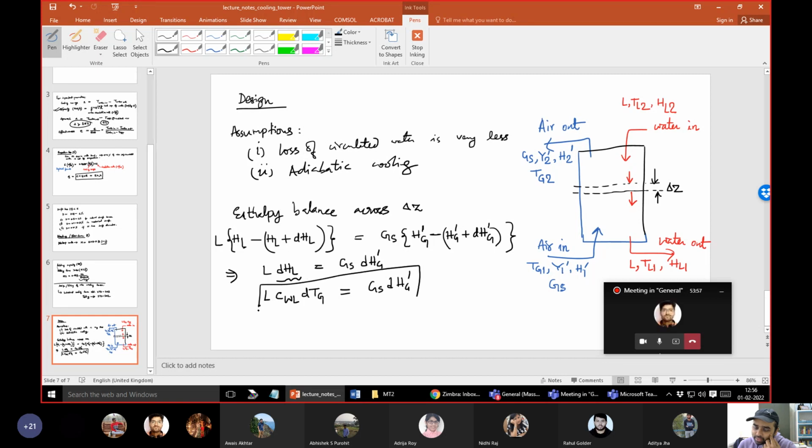In the case of the gas, you just cannot multiply the heat capacity with the change in the temperature. Is this clear to everyone?